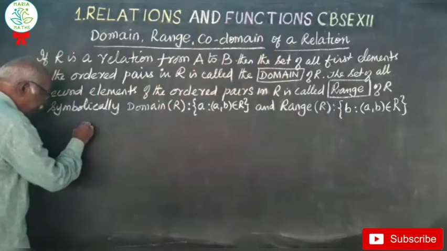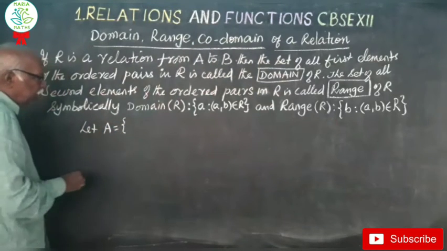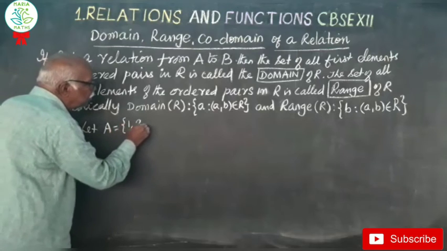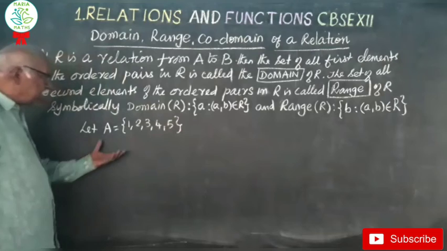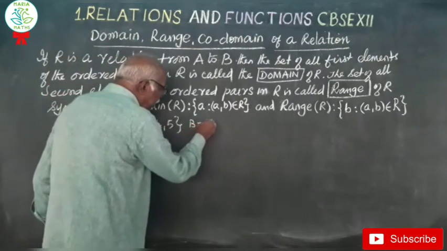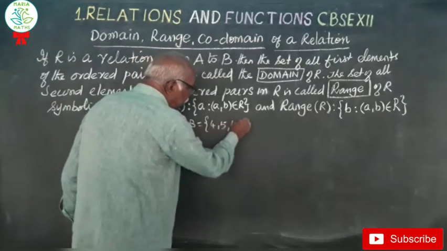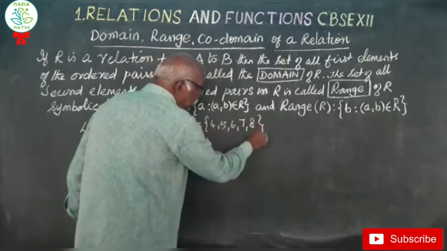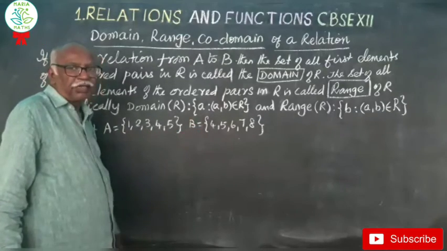Let A equal 1, 2, 3, 4, 5, and B equal 4, 5, 6, 7, 8.